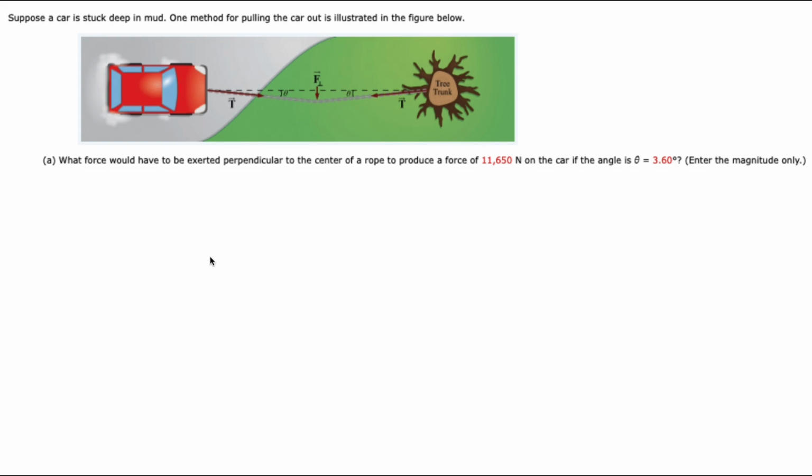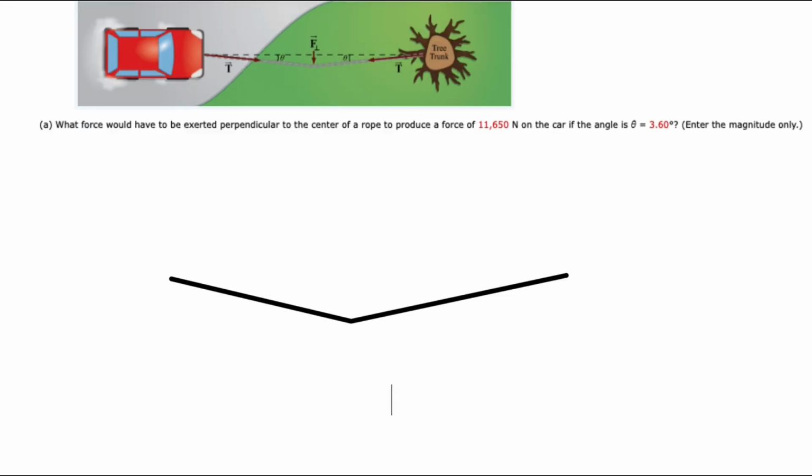So you could draw a diagram of this rope and then analyze the trigonometry there, the triangles. And they say that this angle's got to be 3.6 degrees and your tension force has to be 11,650.